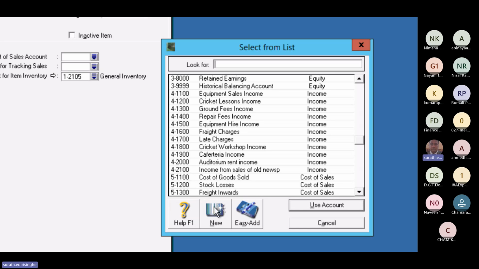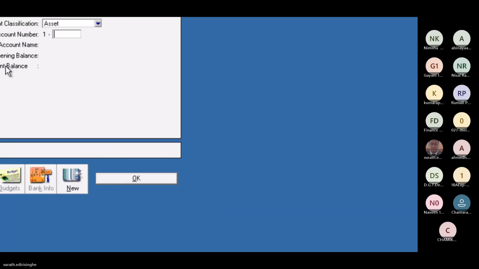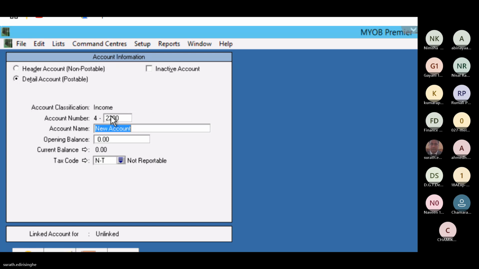Now I click here. Under the income section, code number 4-2200. Name: assets disposal income.